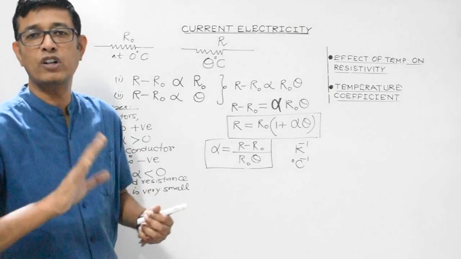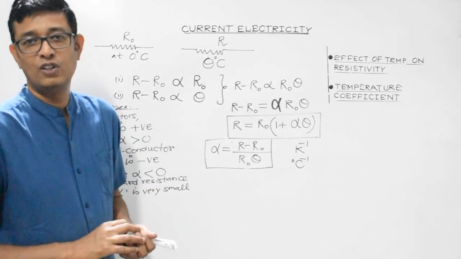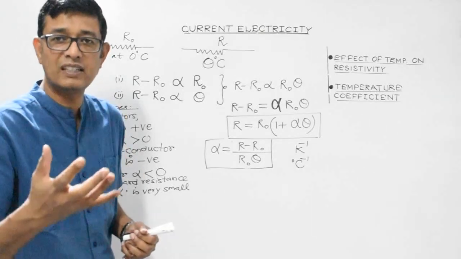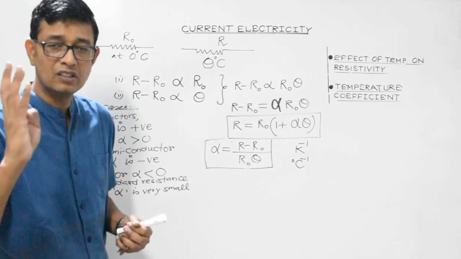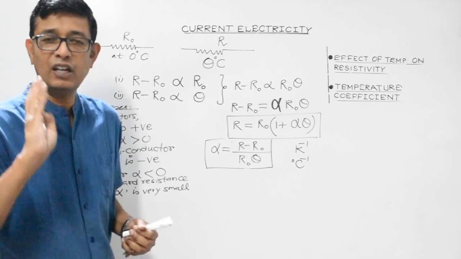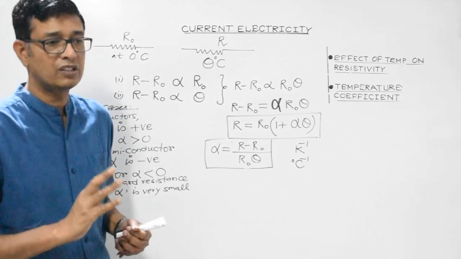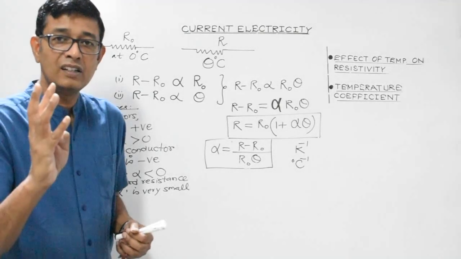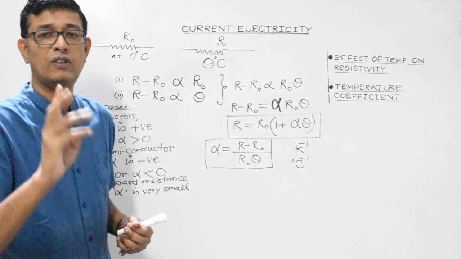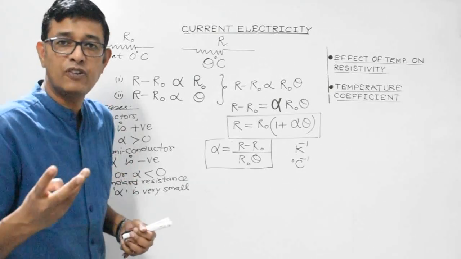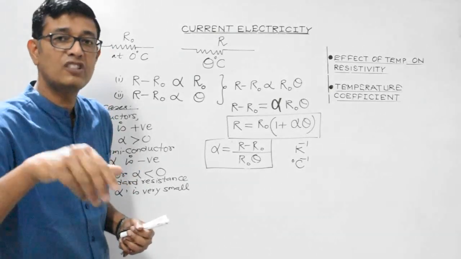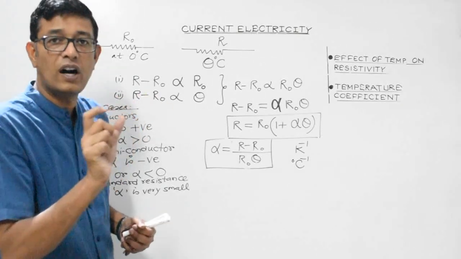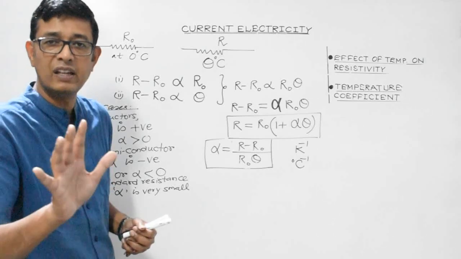It can be avoided or neglected. So when we make use of standard resistance wire made up of Constantan or manganese, then first it offers very high value of resistivity, which is the foremost condition for a wire to be a standard resistance wire. And second, it possesses very low value of alpha. Very low value of alpha suggests that even with the change in the temperature, the resistance of such wires will more or less remain same.